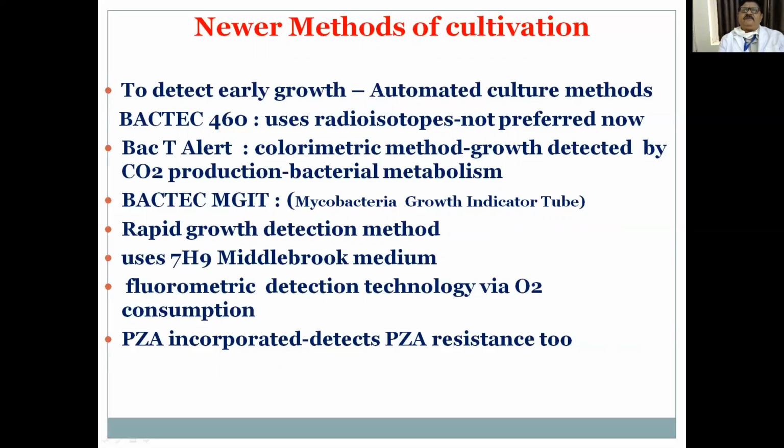That is, above the medium, you can assess the consumption of gases or the gases that are released by the dividing tubercle bacilli. So the pressure changes can be detected. These are rather not necessary, but nice to know.